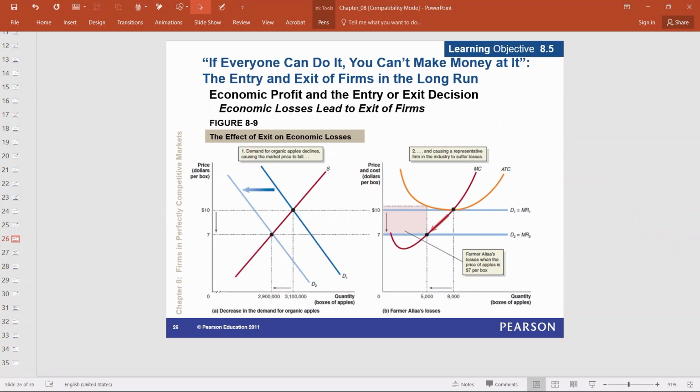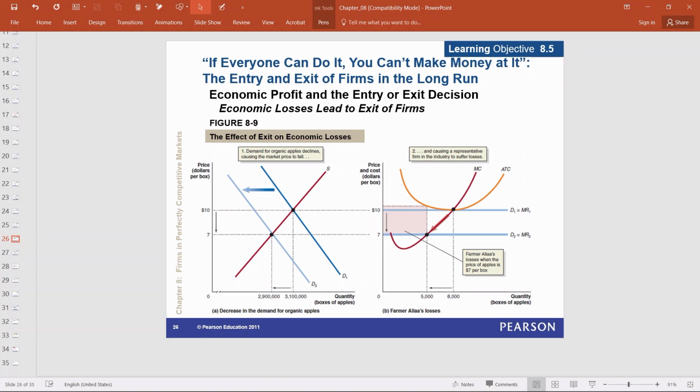Let's go to another case. Again, what will happen if changes happen to the demand curve? For example, a reduction in income. A reduction in income will lead to lower consumption, so lower demand, and this will lead the demand to move to the left. So again, we'll do the same analysis.